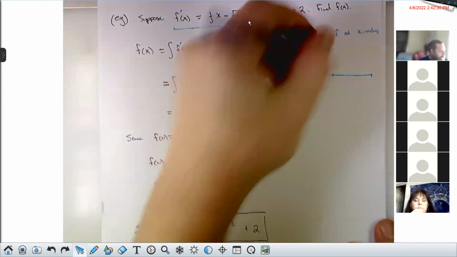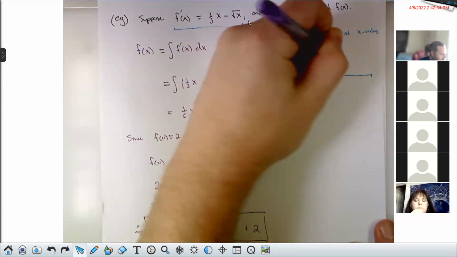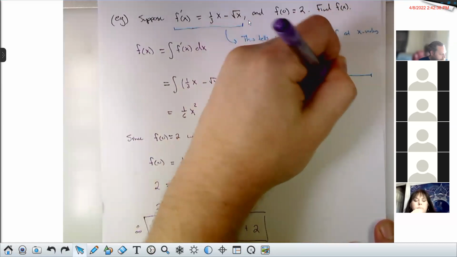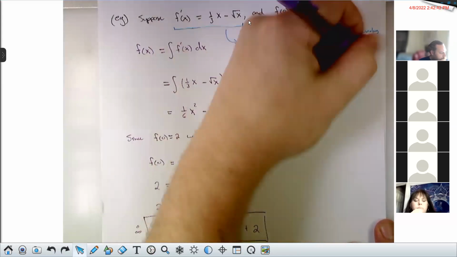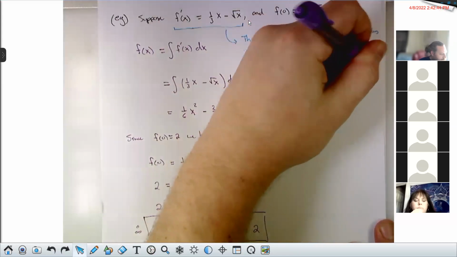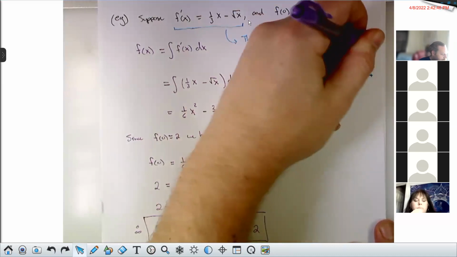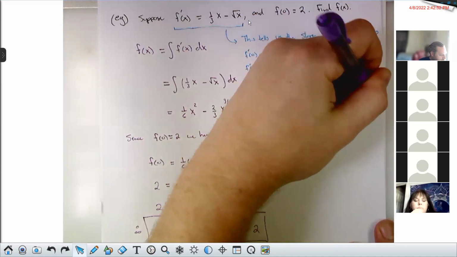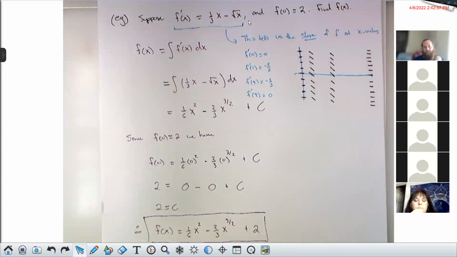F prime of 4 also came out to negative 2/3, so I could fill these with the same slope. And f prime of 9 was 0, so I can put in a bunch of little tangent segments here, like this.